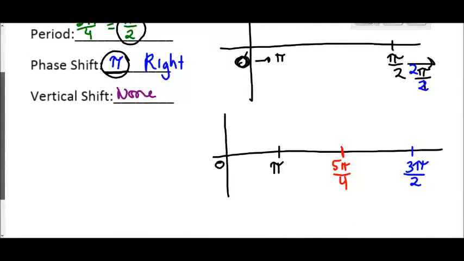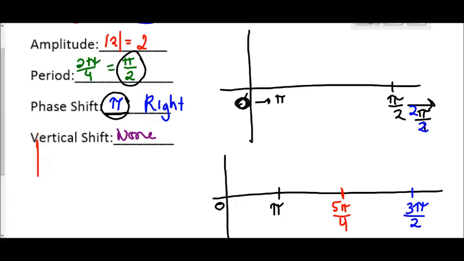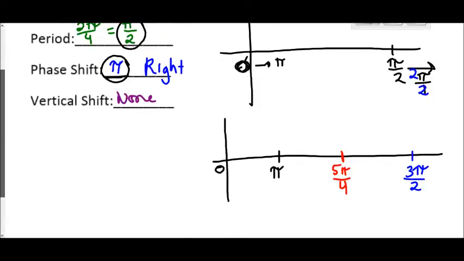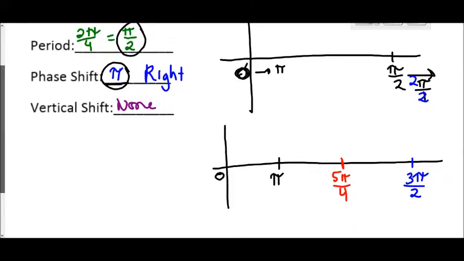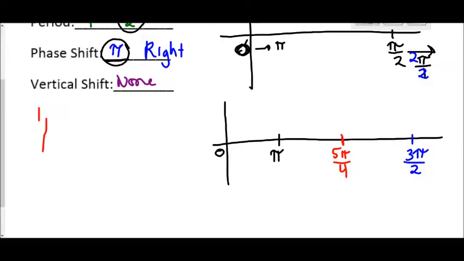Our cosine function pattern is 1, 0, -1, 0, 1. We want to accommodate 4.